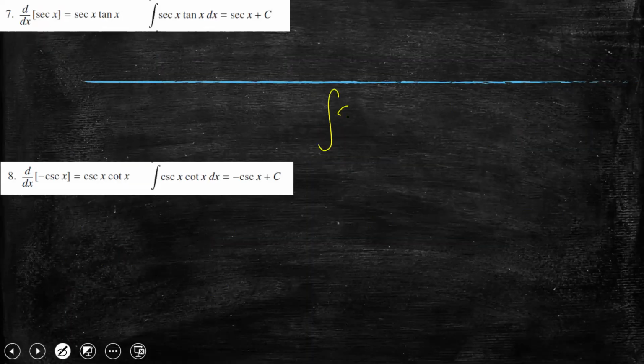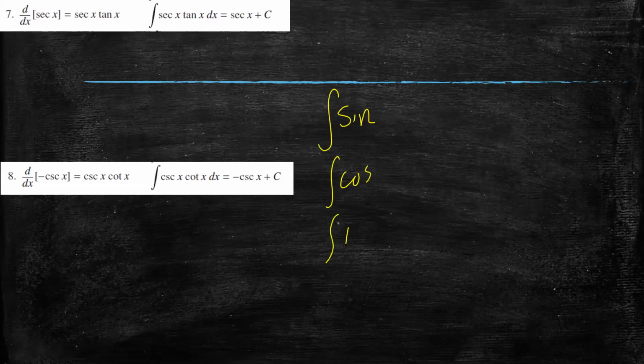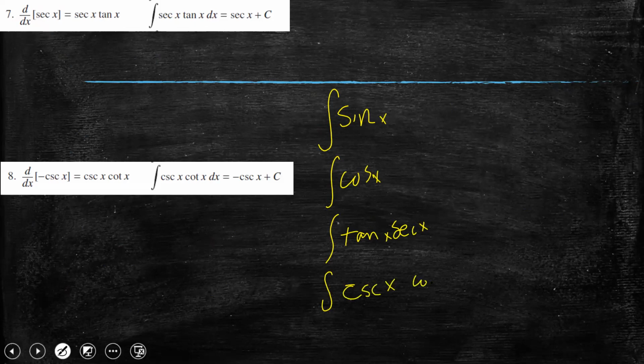So the derivation of sine, the derivation of cosine, the derivation of tan secant, the derivation of negative cosecant x cotan x, the derivation or integration?